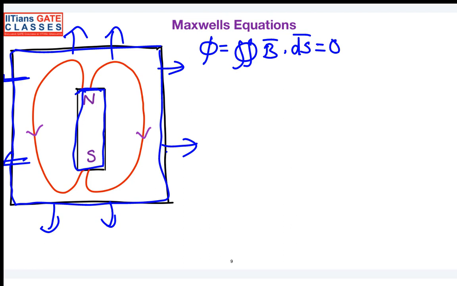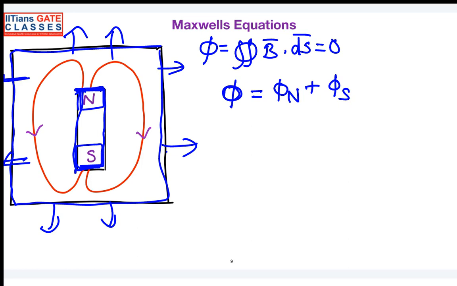So let me explain it in a different way. The total magnetic flux you can see here, I can consider as the flux coming from the North Pole as well as the South Pole, because the North Pole is one source of magnetic field and the South Pole is another source. So I can say the total flux due to any magnet is the magnetic field due to the North Pole plus the magnetic field due to the South Pole.